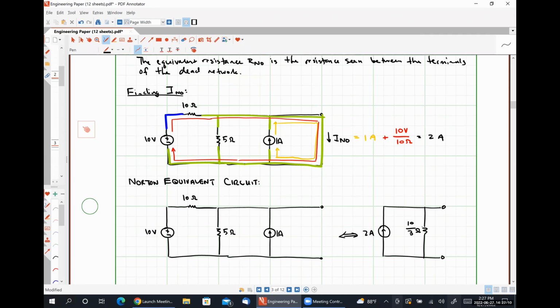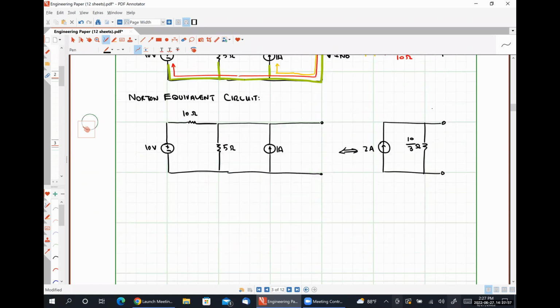What is interesting and hopefully also obvious is that since our Thevenin equivalent circuit is equivalent to our original circuit, and our Norton equivalent circuit is equivalent to our original circuit, the Thevenin equivalent circuit and the Norton equivalent circuit are also equivalent to each other. And in fact, they are simply source transformations for the same thing, right?